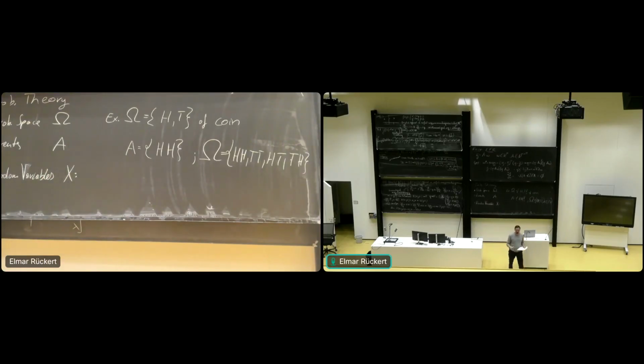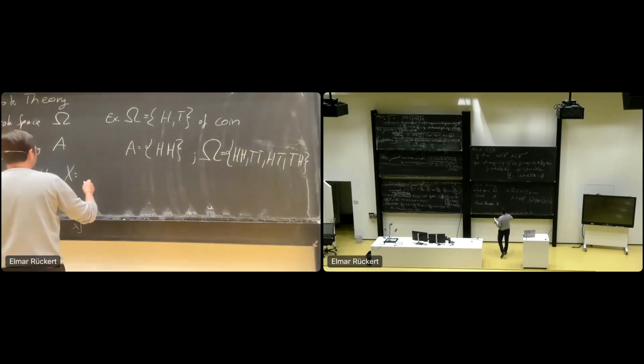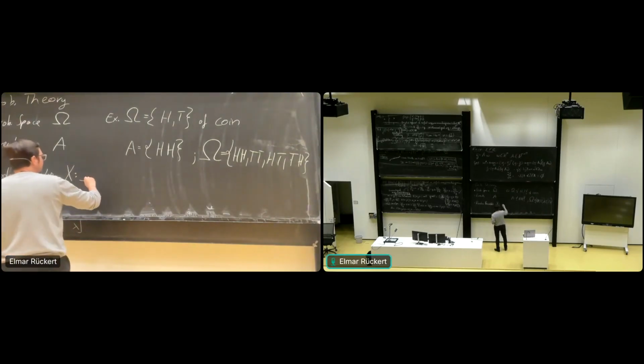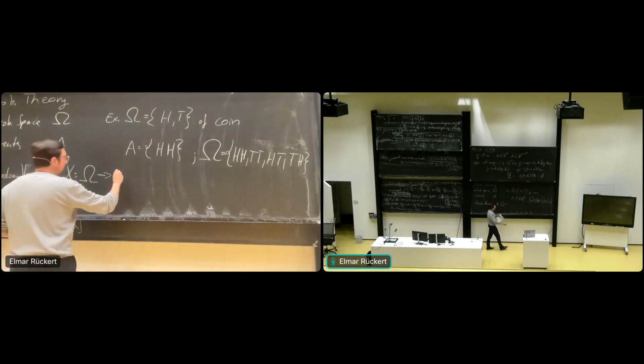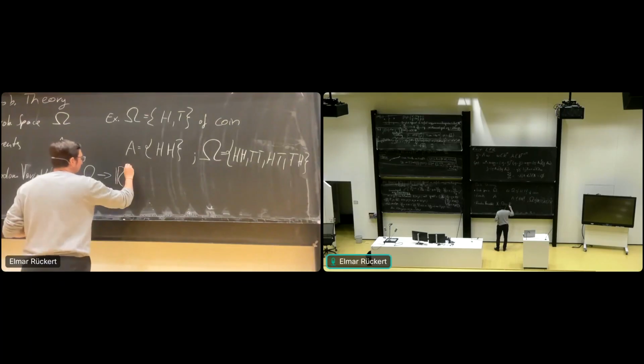Functions that map from a probability space into a real value. That's a random variable, nothing else. So it assigns a real value to observations or events. So in mathematical terms, we denote this by a mapping from the probability space to a real value.